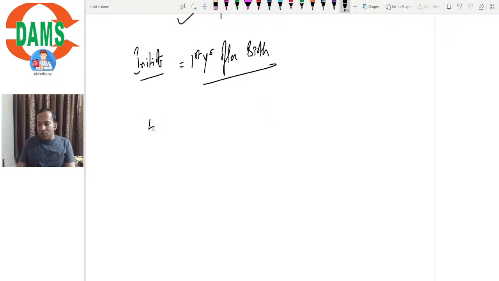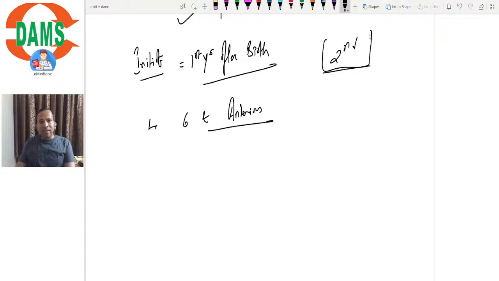So what will the answer be? First molars, right? And all the anteriors, right? Central incisor, lateral incisor and canines, they all initiate in the first year of life. So can you tell me which teeth will initiate in the second year of life?